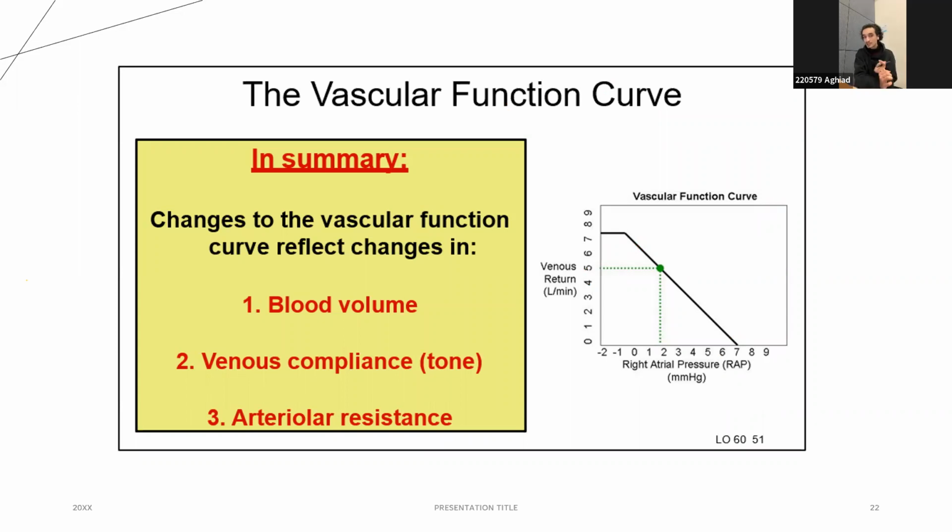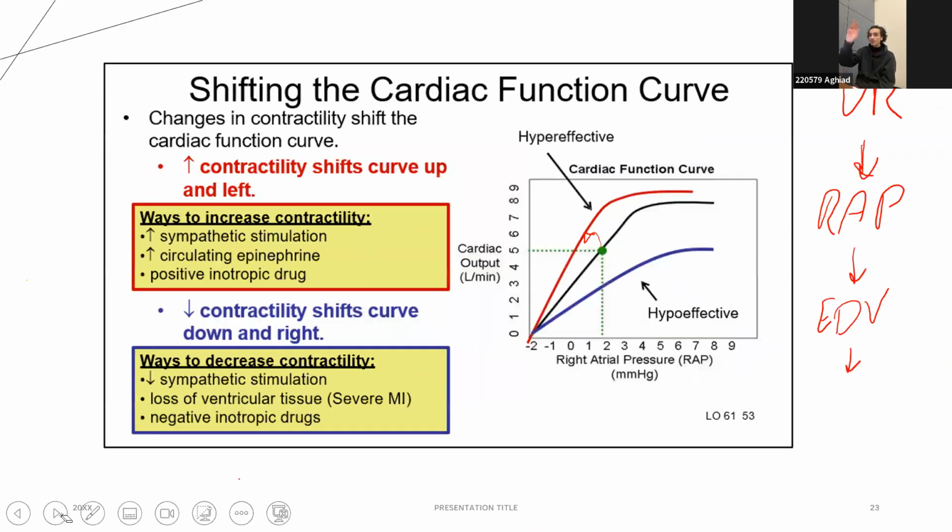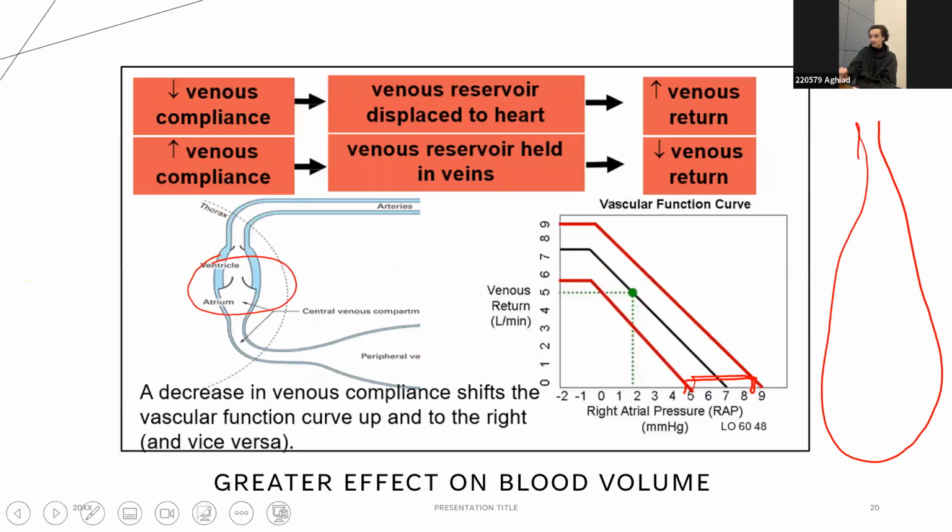If arteriolar resistance is increased, not much blood is found in the arteries in comparison to the veins. So the right atrial pressure doesn't really change. So the change would be up or down, as you can see here in the previous graph.